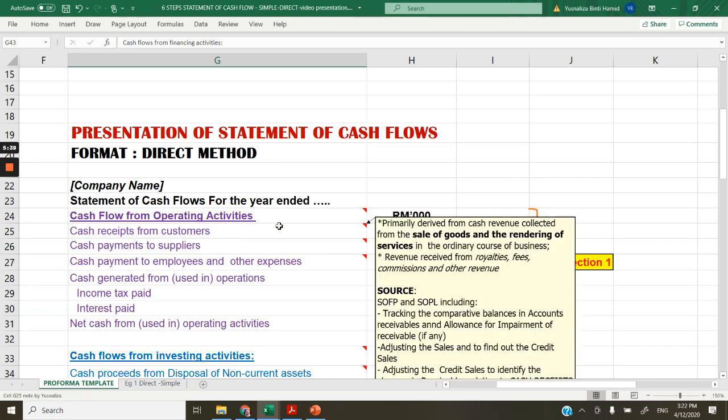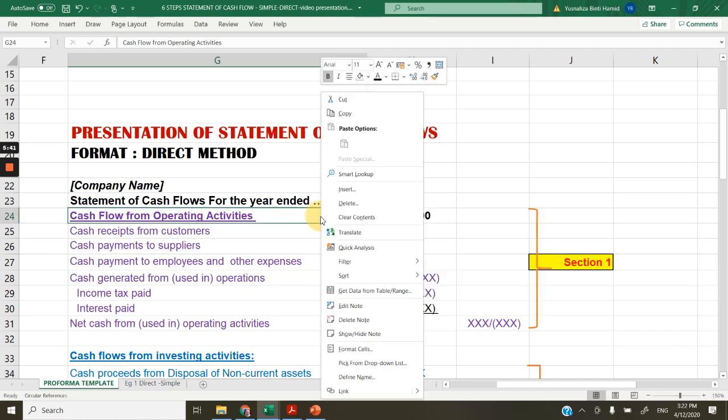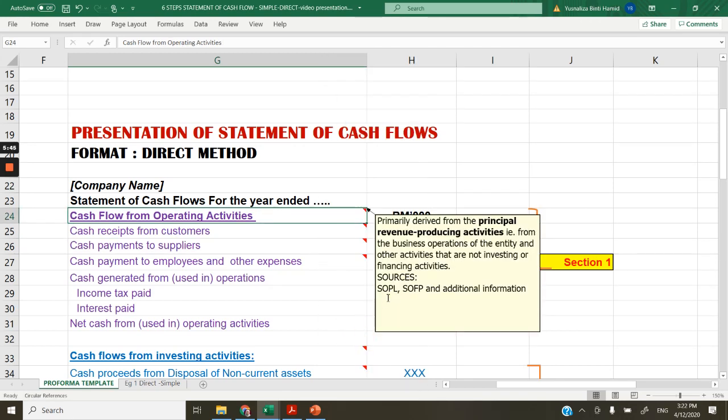If you focus on what I put here, under the standard, these are whatever activities that are revenue producing activities other than those that are investing and financing.